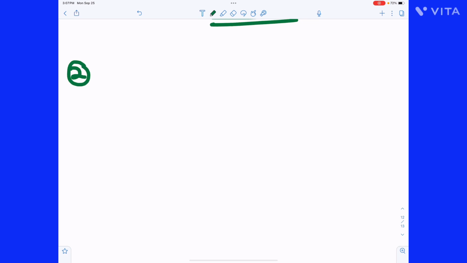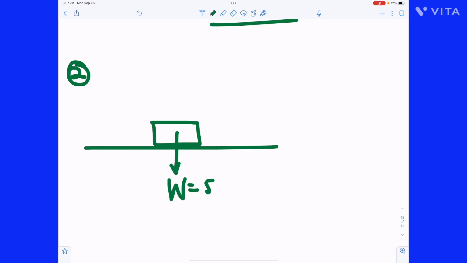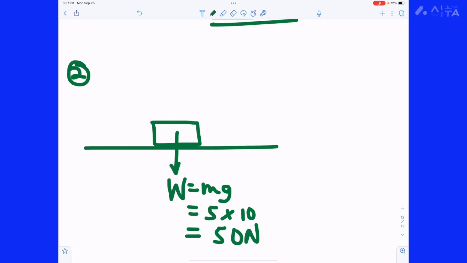The block has a mass of 5 kg, so W is mg, which is 5 times 10, giving 50 Newton. The upward force R is equal to W, also 50 Newton.